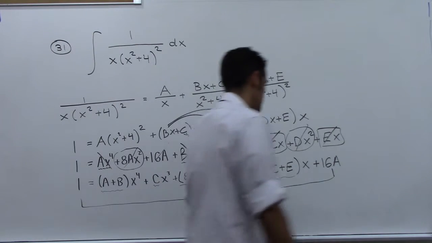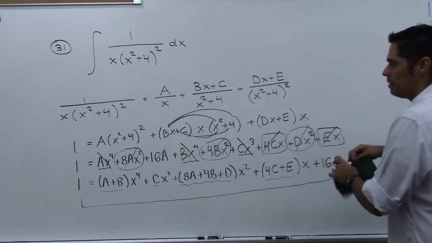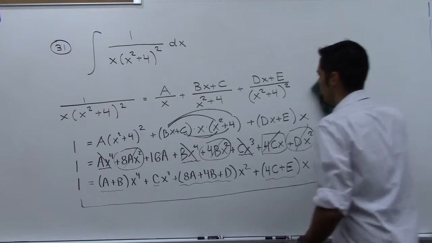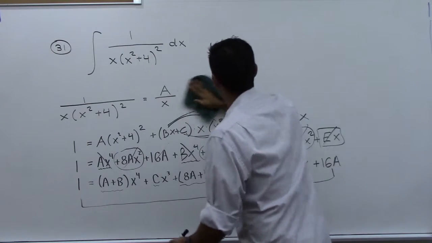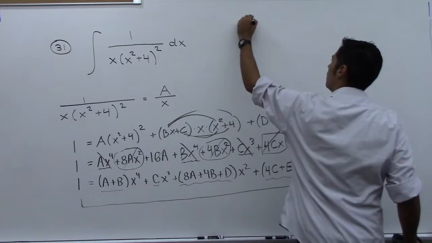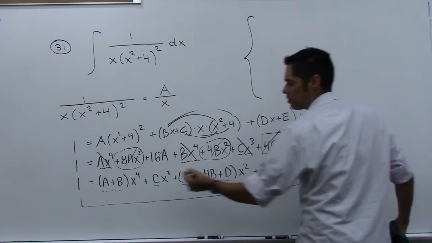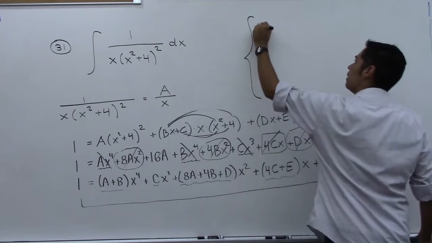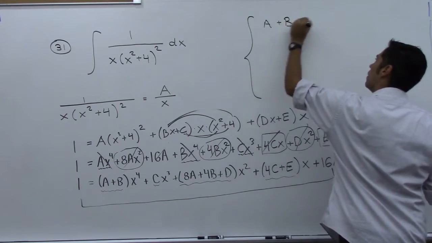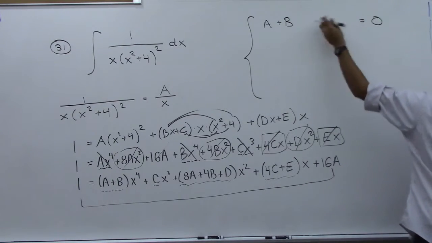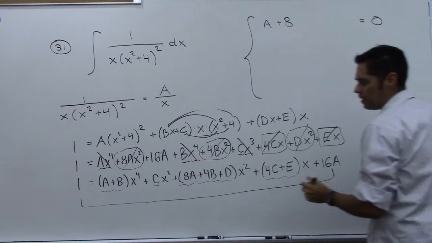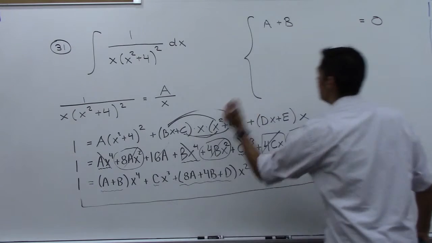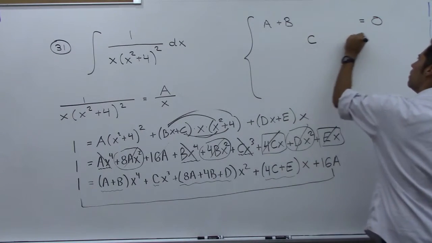So I have a system of equations now. You're going to have 5 equations, 5 unknown variables. Okay, the first one, a plus b must equal 0, leaving room for my c, d, and e. Second equation, c by itself must be 0.